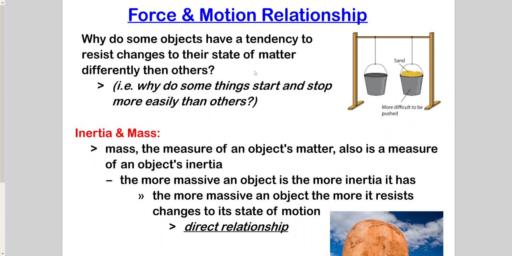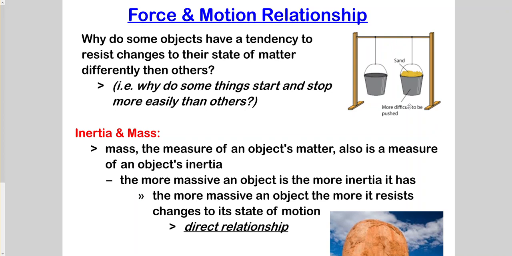So why is it that some objects have a greater tendency to resist changes to their state of motion than others? If I have two buckets here, one empty and one filled with sand, the filled one is going to be much more difficult to push. An object that is really heavy or massive is going to be harder for a person to stop than an object that's lighter.